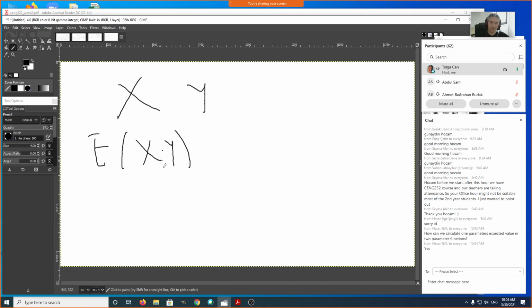This is non-linear. When we have 2 random variables like this, the expected value will be a little bit complicated. So we are going to come to that, but we cannot necessarily use individual expected values to solve in this case. All right, so that will be more complicated, and we are going to come to that.